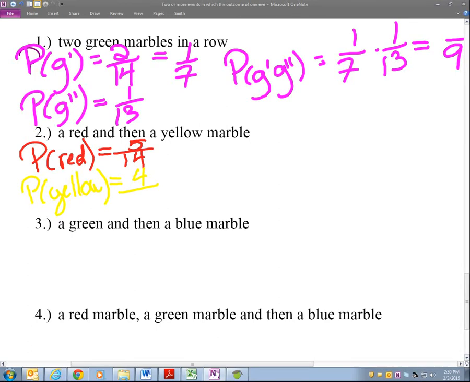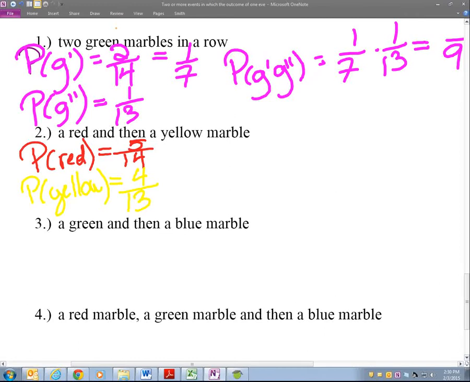Nope. This is not 4 out of 14. There isn't 14 anymore in there. We got a red in the first one. There you go. 4 out of 13. Why is it 13 when you pull 5 out? You didn't pull 5 out.